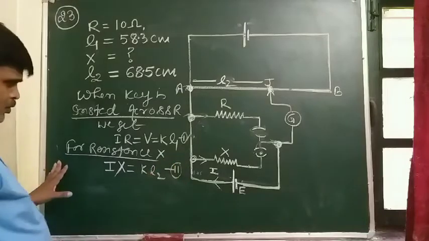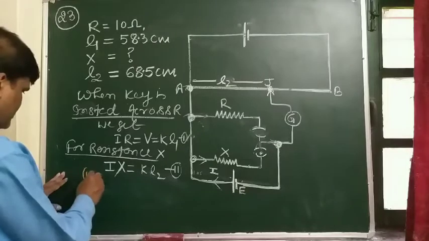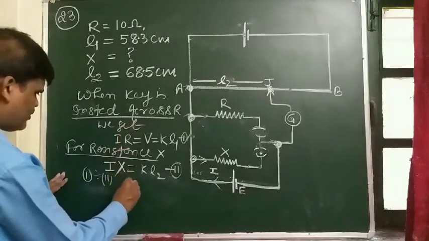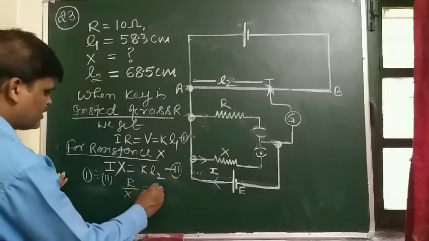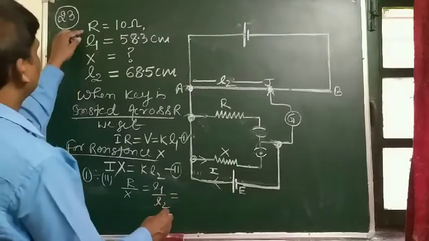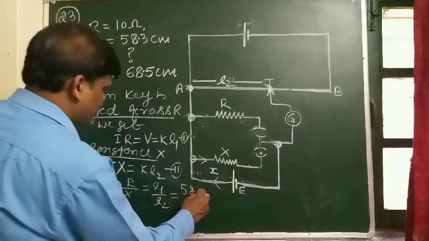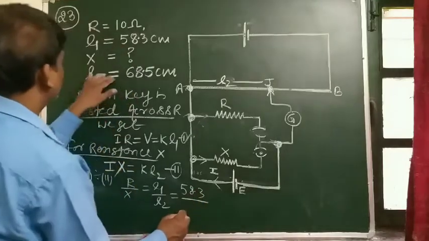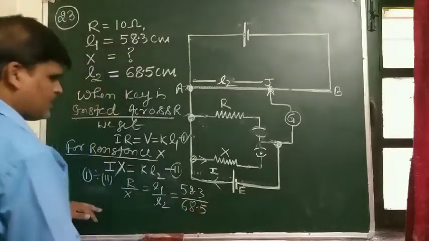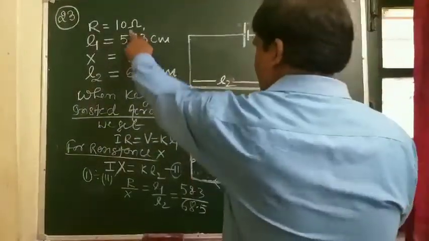This is equation 2. Divide it: equation 1 divided by equation 2, and it comes out that R by X is L1 by L2. L1 is 58.3, and L2 is 68.5, and R is given as 10 ohm.